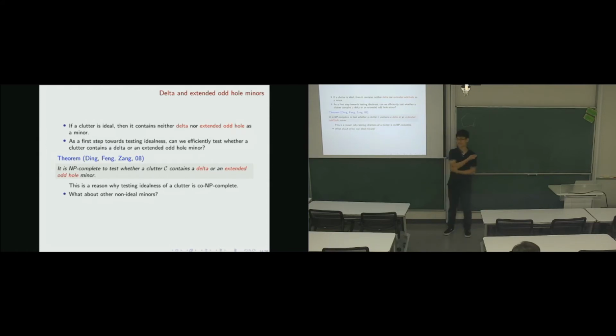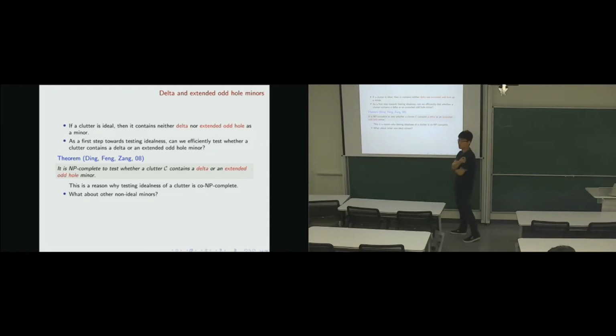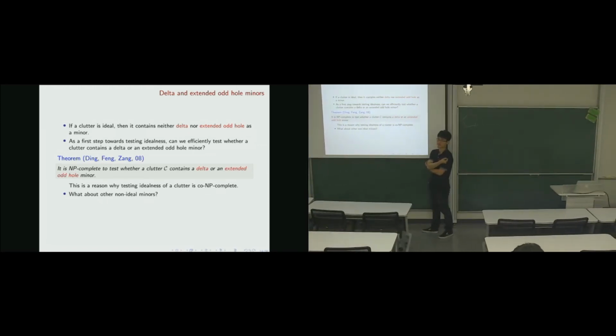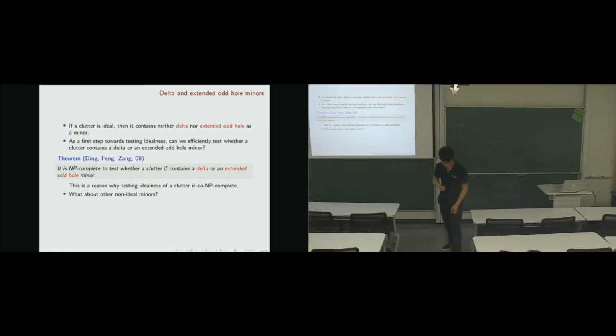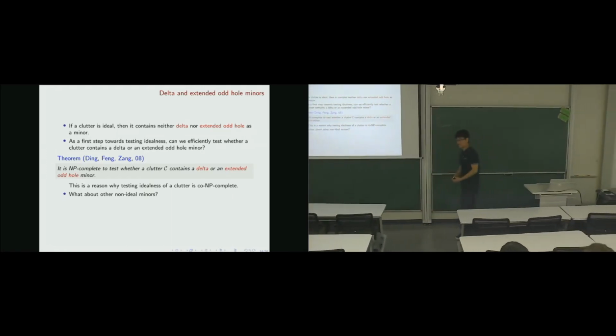So are you saying that this problem of finding a delta or extended odd hole minor is hard? Actually, if you look at delta 3, this is a matrix of 1, 2, 1, 3, and 2, 3.